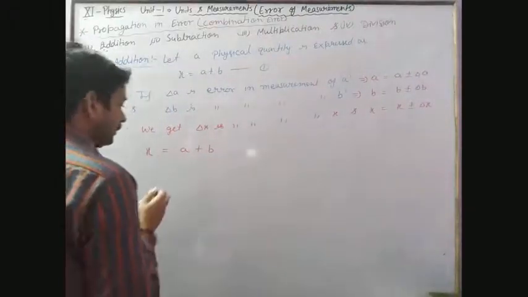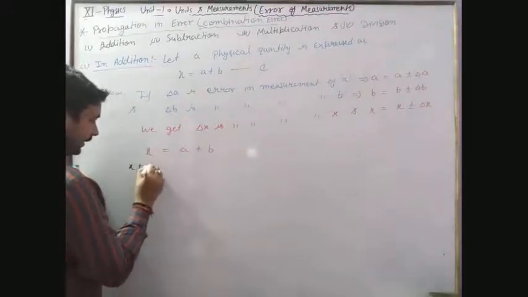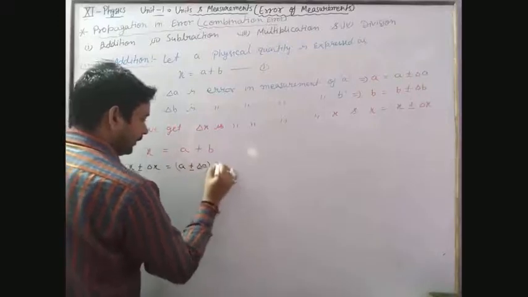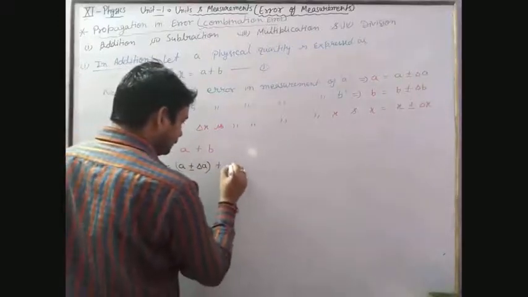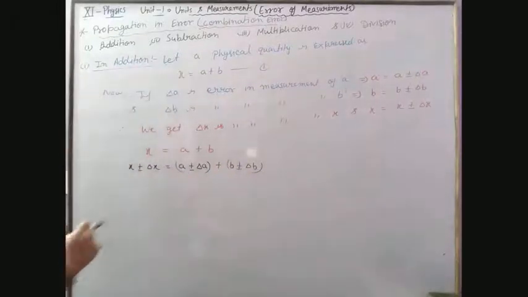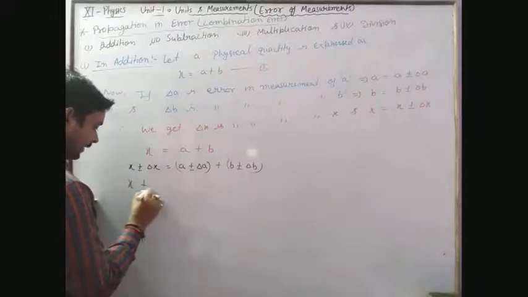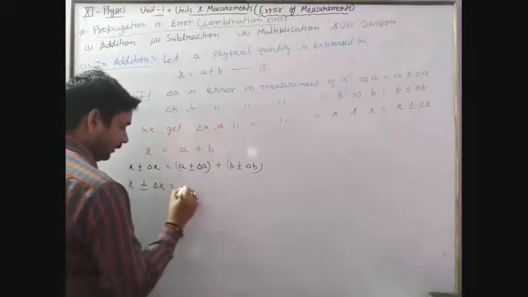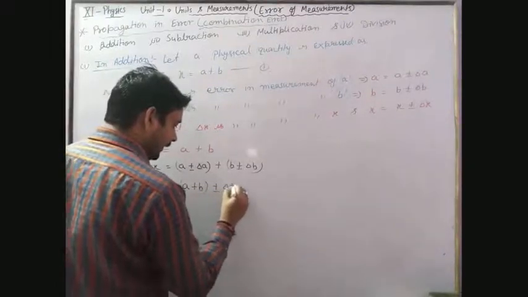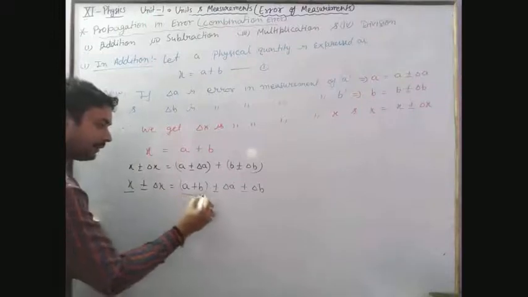Okay, therefore by using these values we get X plus minus del X is A plus minus del A plus B plus minus del B. Now when we take it separately with error and their exact value, we get X plus minus del X equals A plus B plus minus del A plus minus del B. Now these are the exact relation.